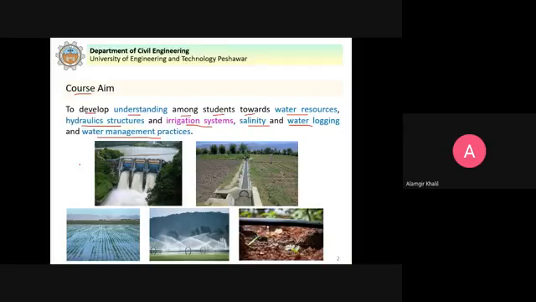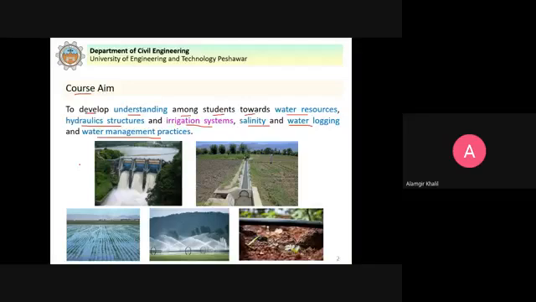For example, we take the water from the dam to the agriculture fields, the farmlands. So we have to provide a network to carry the water from the source to the point where it is to be delivered to the crops in the fields.